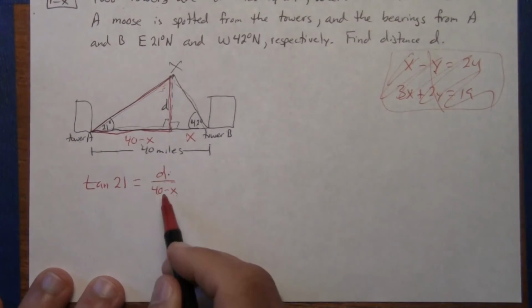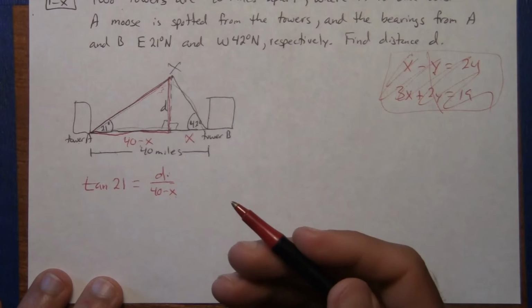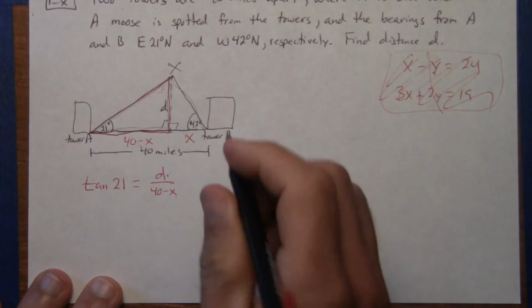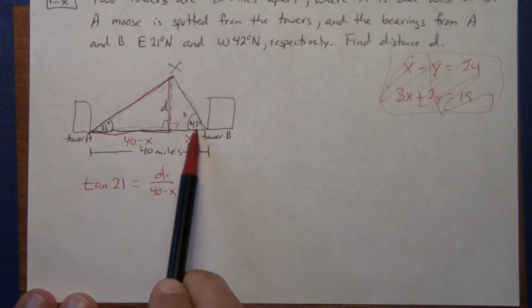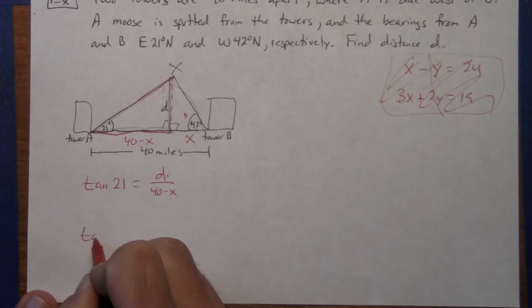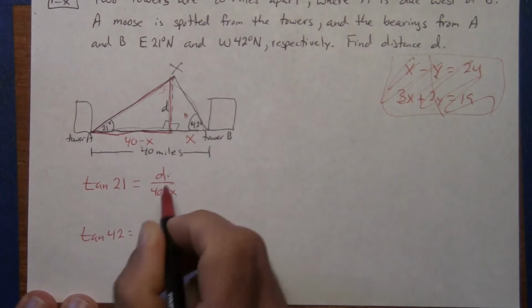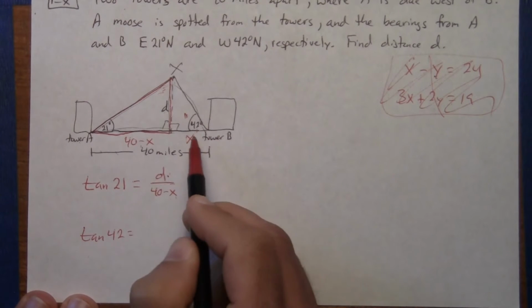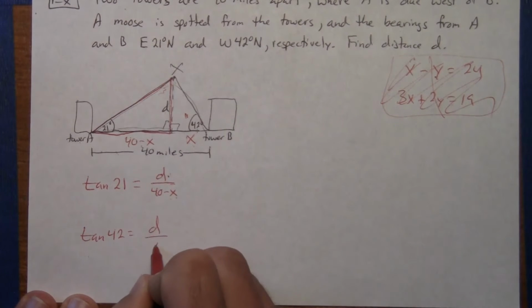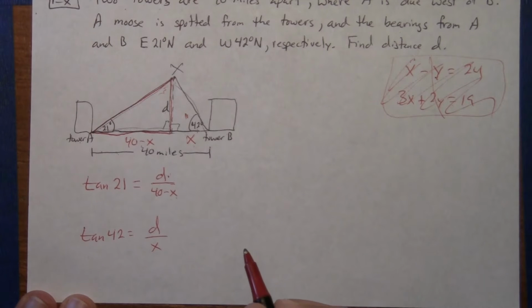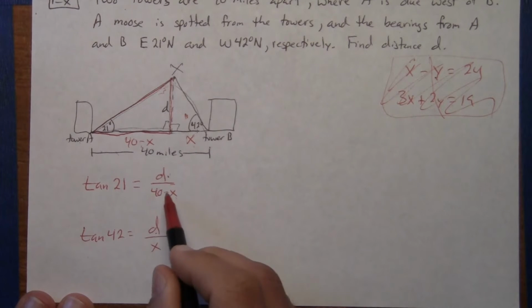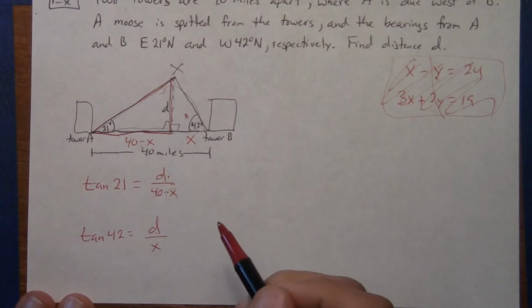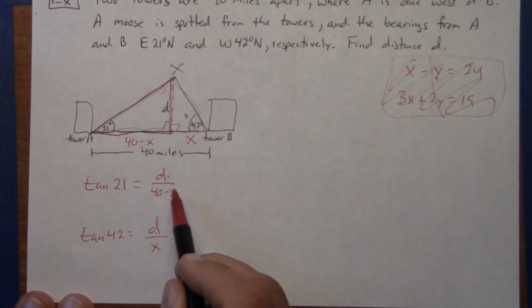I've got an equation with two different variables. I need to come up with another equation with the same two variables, and that's going to require me to look at this triangle and do the same thing. I've got the 42 degrees, so what if I said the tangent of 42 degrees was equal to opposite, which is d, over adjacent, which is x. And now I can easily solve for d and then substitute that in for d up here, or I could solve for x if I wanted to and substitute in here.